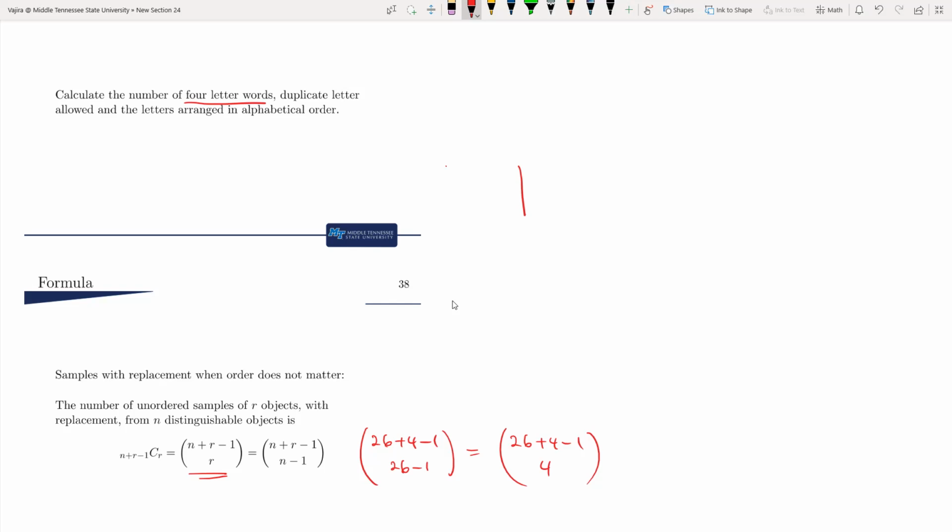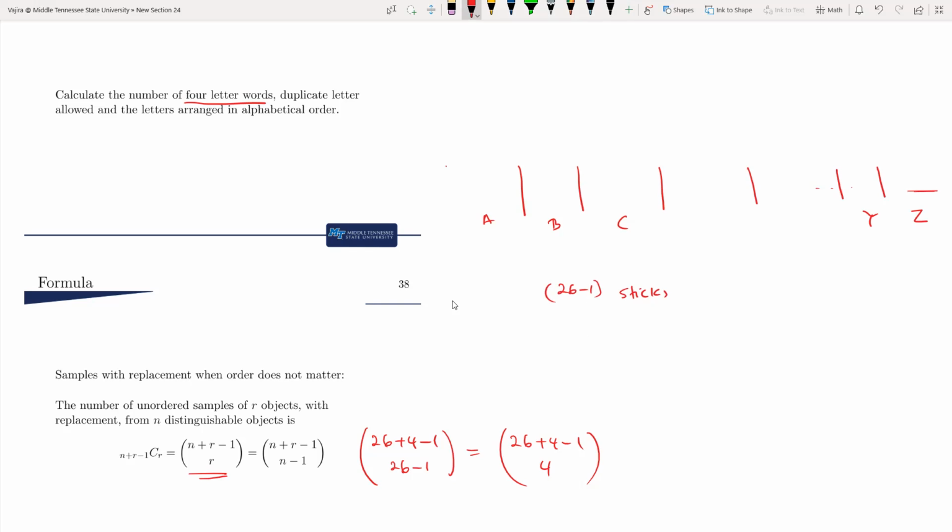I can use sticks to make the difference between A, B, C, D. So this side is A, this is B, this is C, and so forth. And the last one is Y, and then this side you have the Z. So you need 26 minus 1 sticks.